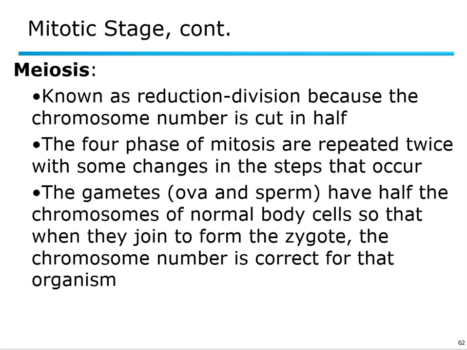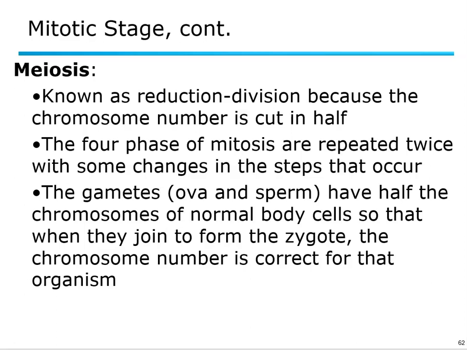It's meiosis, which is the division of the cell, but this time for the sexual cells, not the somatic cells. That is the ova and the sperm in our body, the gametes, and they're going to divide, and at the end, instead of 2 daughter cells, they're going to be 4 daughter cells with half the number of chromosomes.